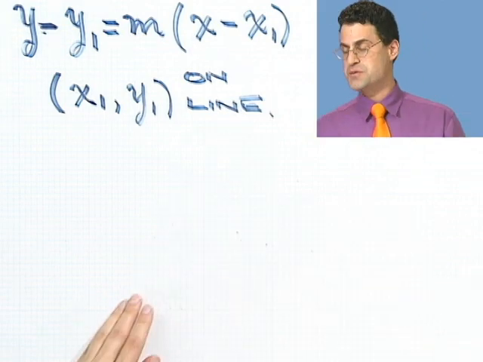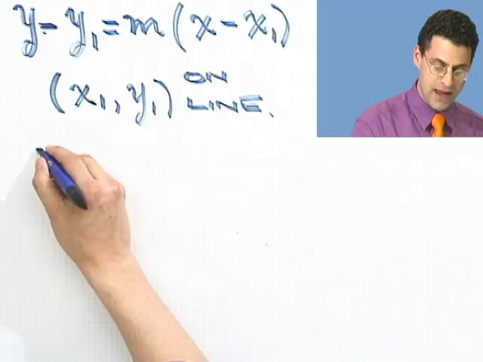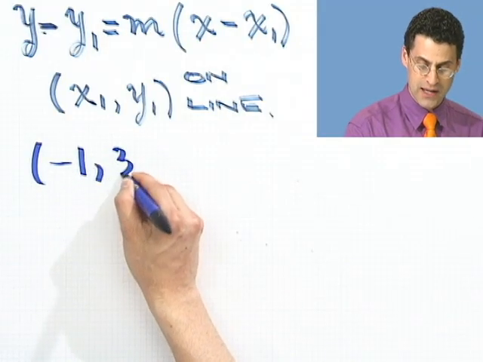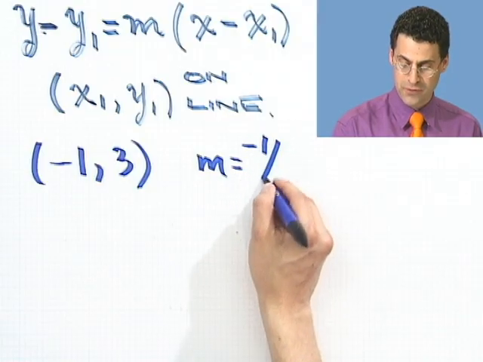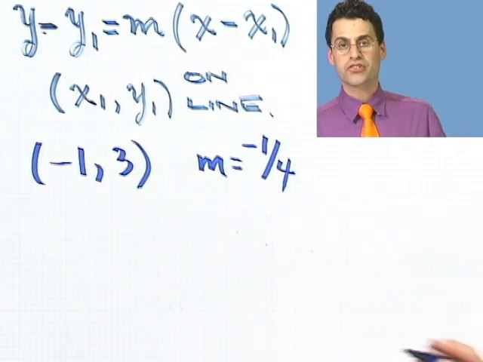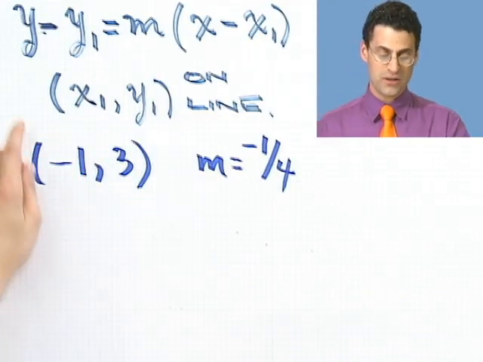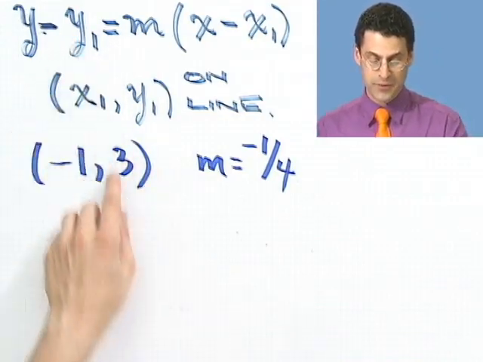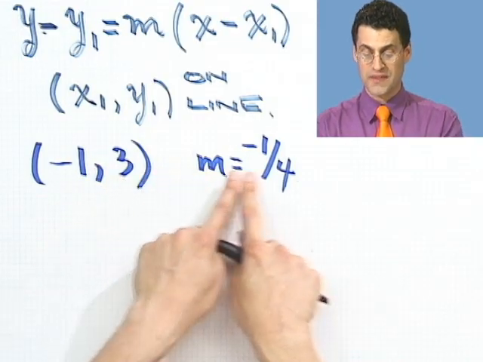But the power of this is absolutely amazing. Suppose that I tell you that I'm thinking of a line, and it passes through the point minus 1, 3, and it has slope equal to minus 1/4. What's the line? Turns out this is absolutely no big deal if you use point-slope form, because all I do is report this into the formula, where this is x1, this is y1, and this is the slope.